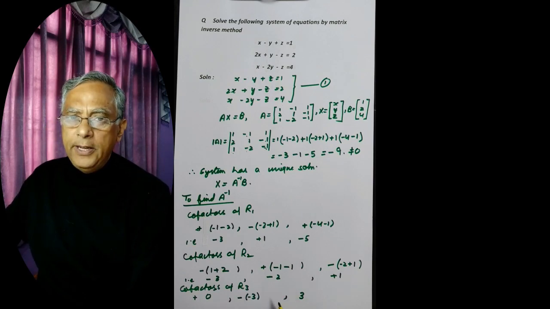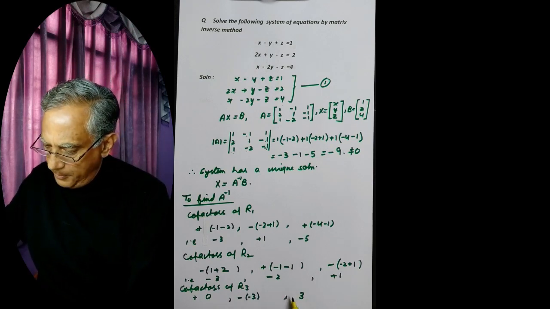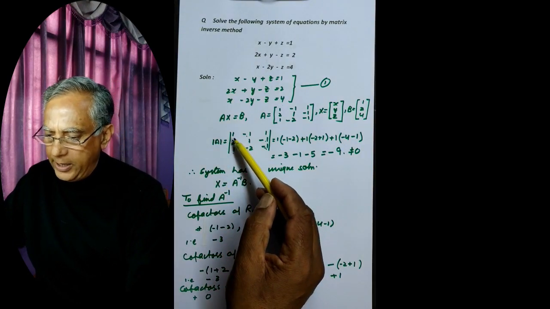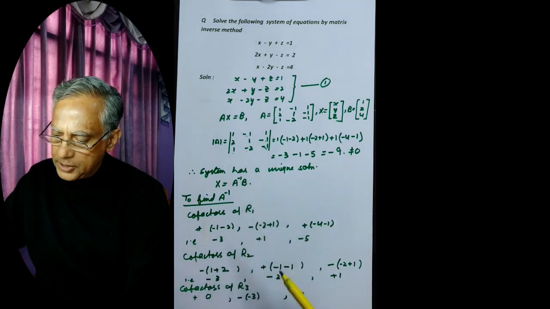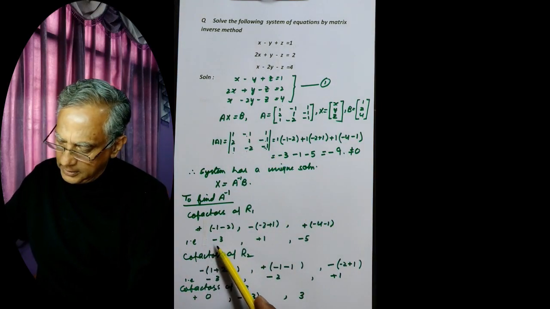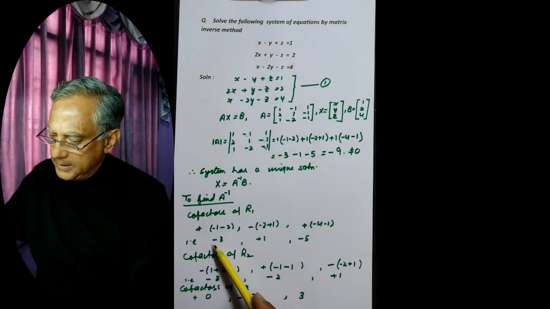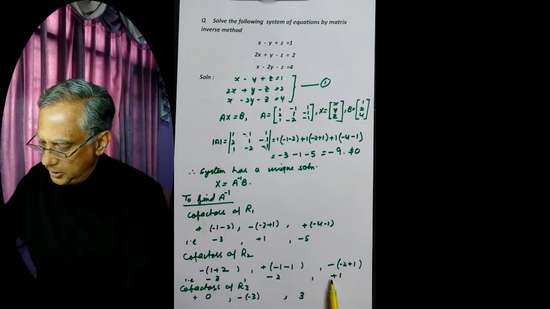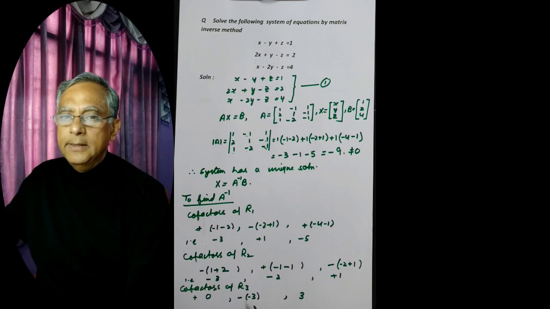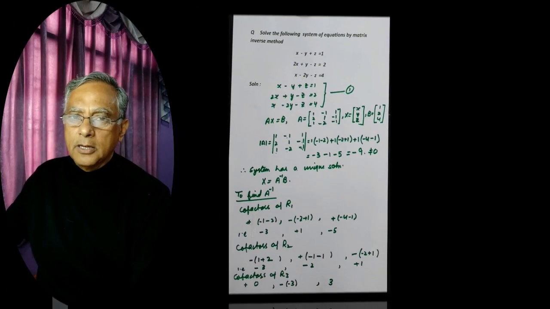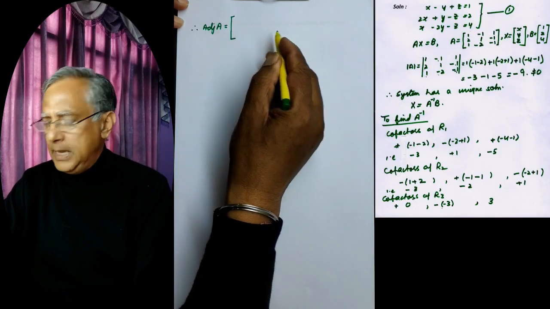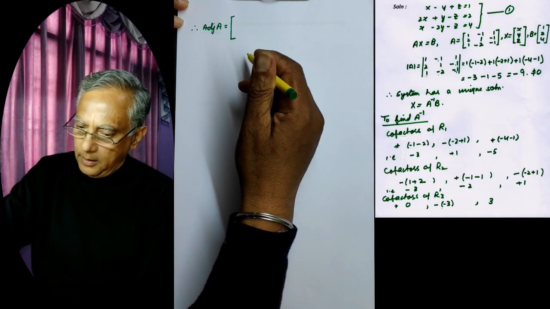Now we find adjoint of A. Adjoint of A will be obtained by replacing each and every entry of A by its cofactor. We will get the matrix minus 3, 1, minus 5, minus 3, minus 2, 1, 0, 3 and 3, and take the transpose. You can see the last sheet on the side.